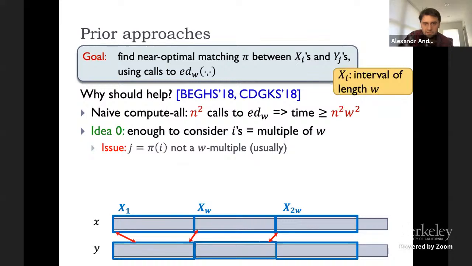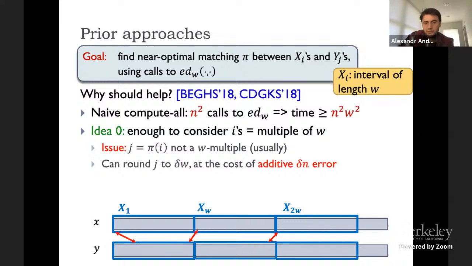So the optimal alignment might require that, at least in Y, we consider all possible substrings. Formally, when we look at every i which is a W multiple, the corresponding alignment is not necessarily a W multiple.